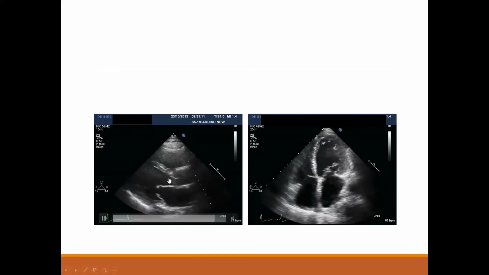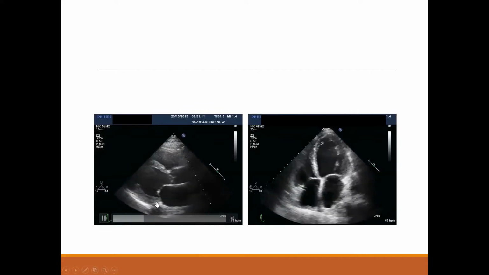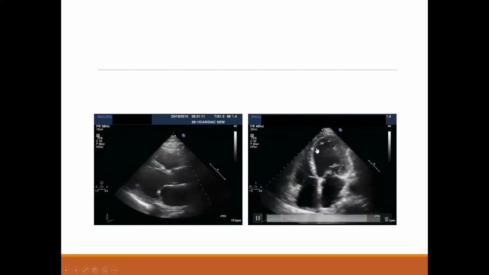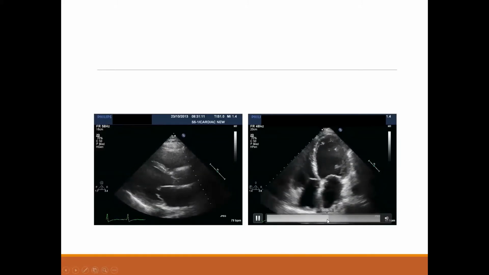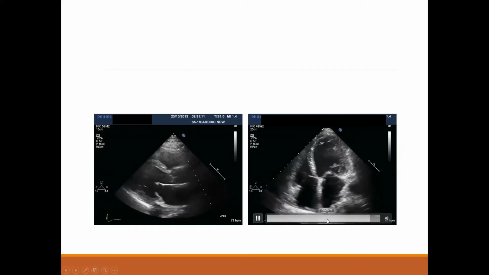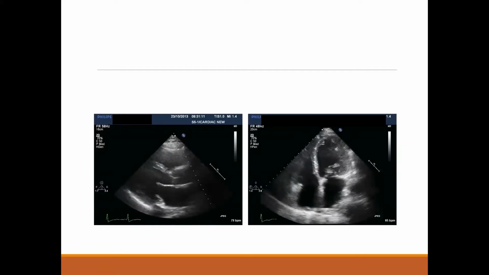Now, look at the anterior septum. It is contracting, but not normally. The posterior contracting, but not normally. The inferior septum contracting, but not normally. The lateral wall contracting, but not normally. So when you compare them all together, they are hypokinetic segments. So this is global hypokinesis.